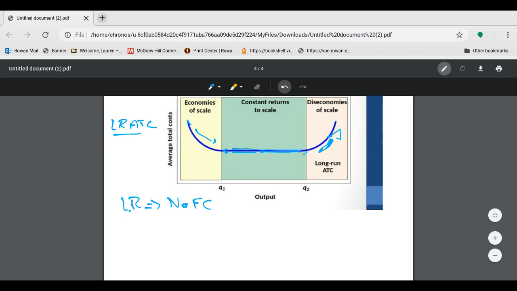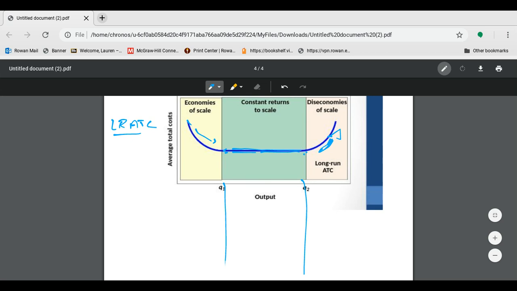So let's see. I'm going to erase just this part, just so we can talk a little bit more. I'm going to split this up some. When we're talking about economies of scale, or any of these, really, we're thinking about how the long run average total cost curve is changing.